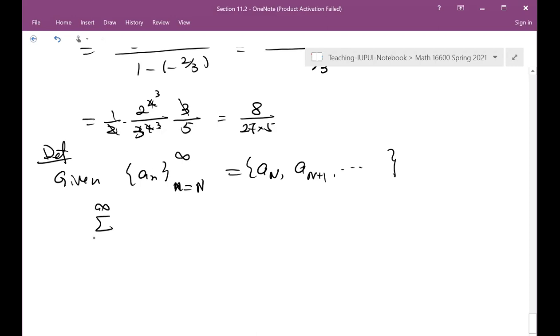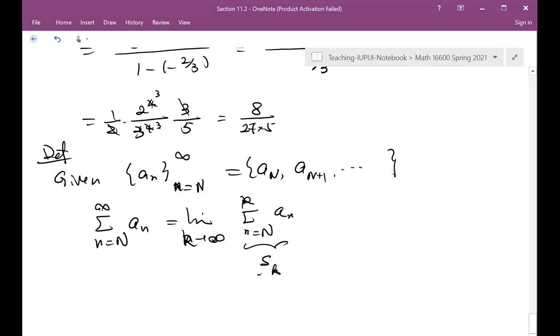This notation is viewed as a limit as k approaches infinity, and this term is also denoted by S_k.